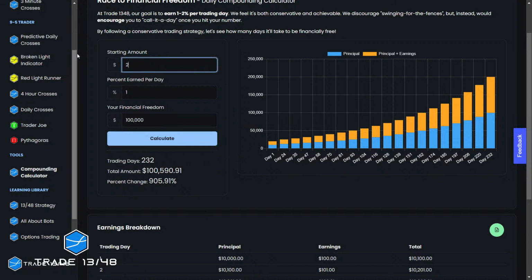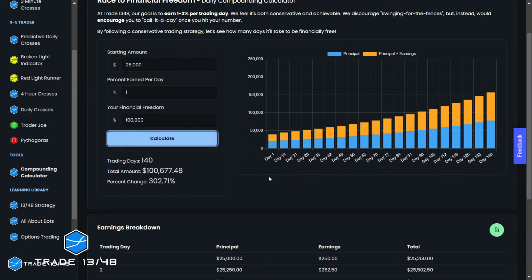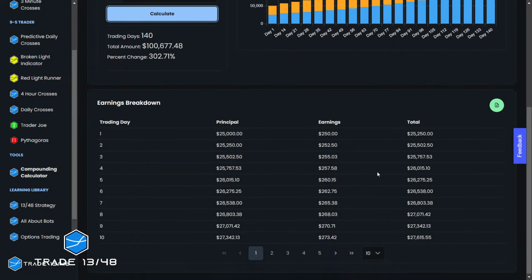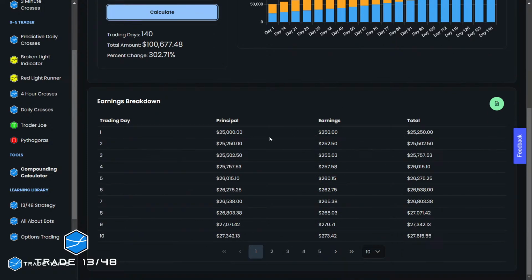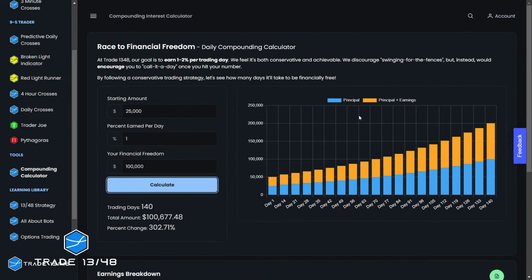If you have a $25,000 account, go ahead, recalculate, and you do that in 140 trading days. Okay. And the thing is we break down the schedule. We show you what you have to earn each and every day. Okay. And it humbles you. It keeps you from being greedy.